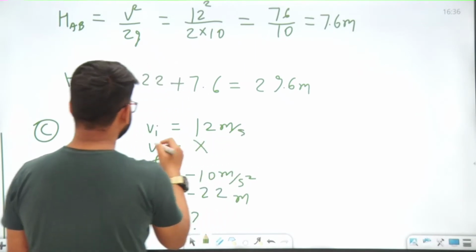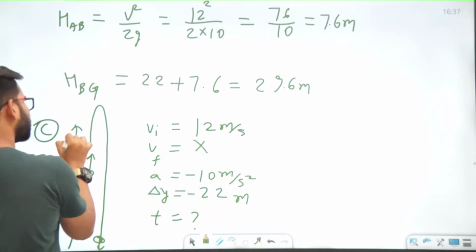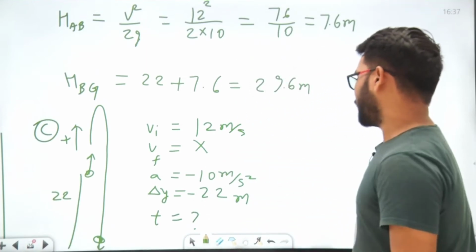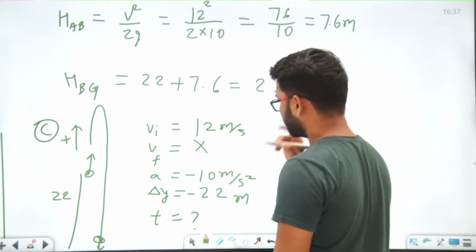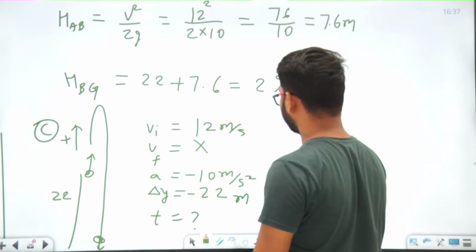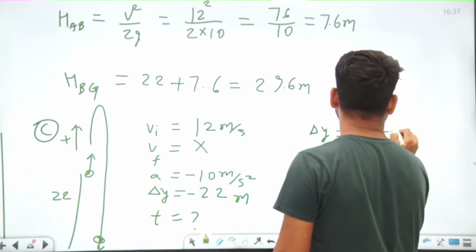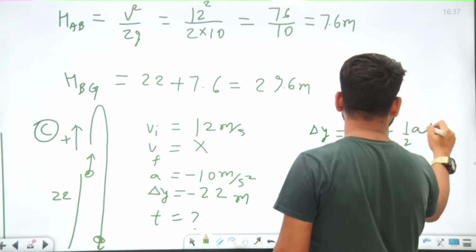Students, we are taking the upward direction as the positive direction. Which equation will be suitable to apply? Delta Y equals Vi T plus half A T square.